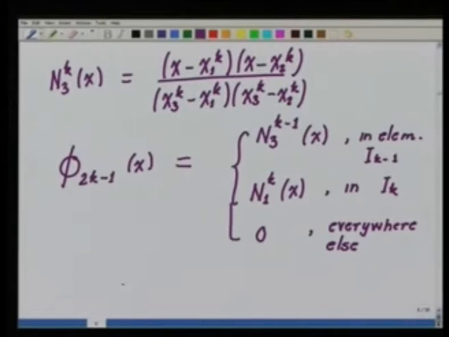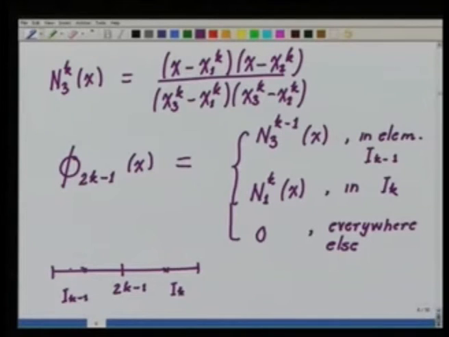So what we have said is this function, if I talk of this node 2k minus 1, this is element ik minus 1, this is element ik. Okay.